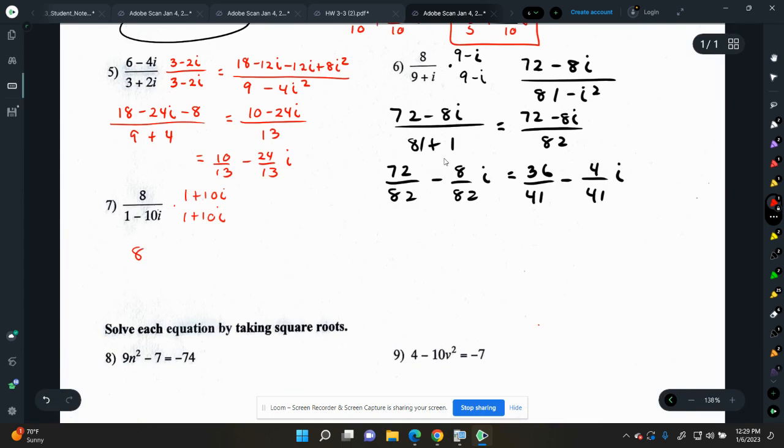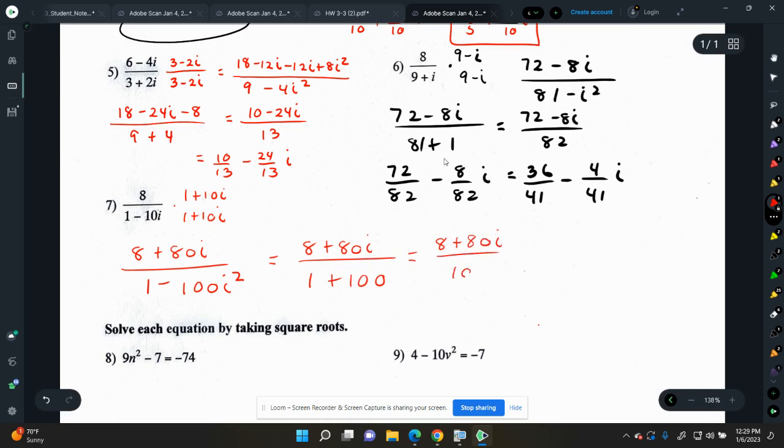Okay, and we get 8 plus 80i over 1 minus 100i squared. It gives us 8 plus 80i over 1 plus 100. So 8 plus 80i over 101. So that's 8 over 101 plus 80 over 101i.